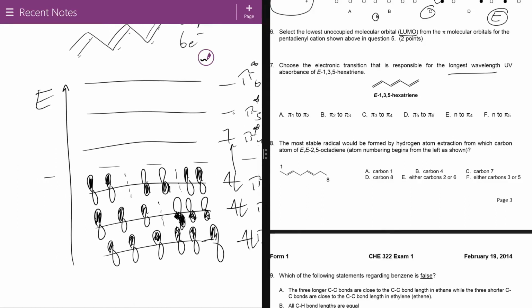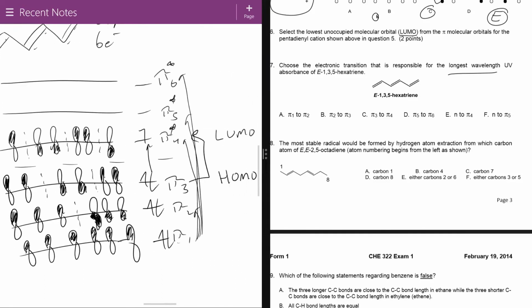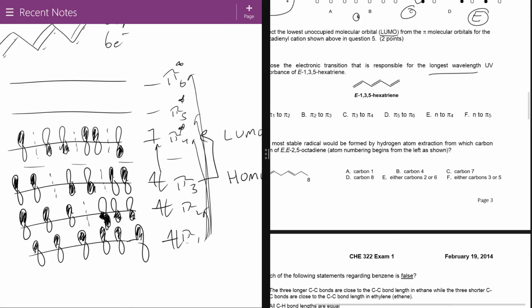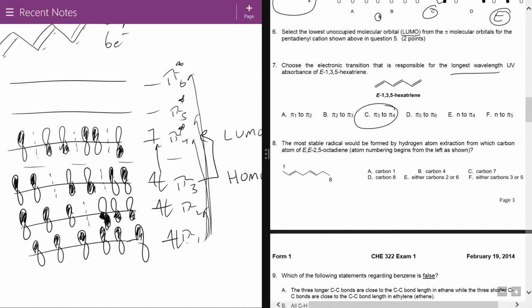I'll just draw this level in quickly for you guys. Down, down, up, down. So we know going from 3 to 4 is the least amount of energy. So our choice is right there.